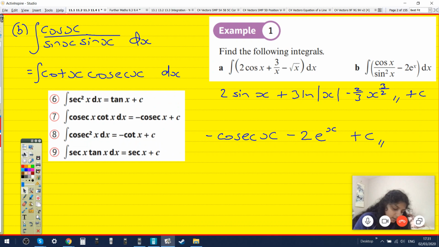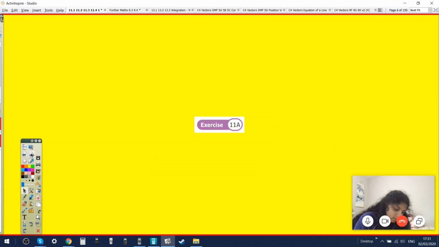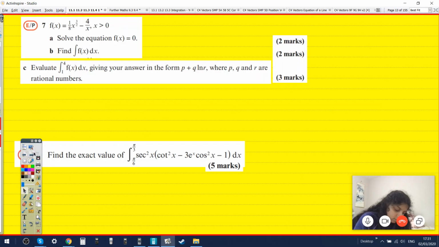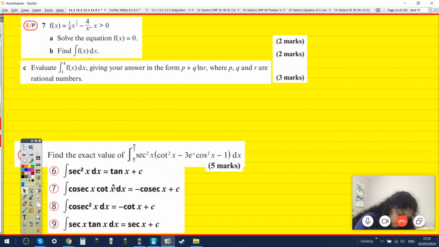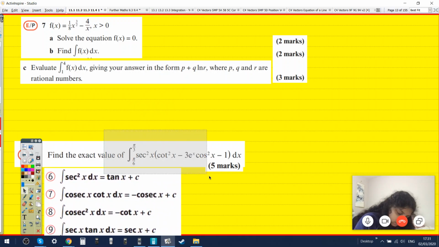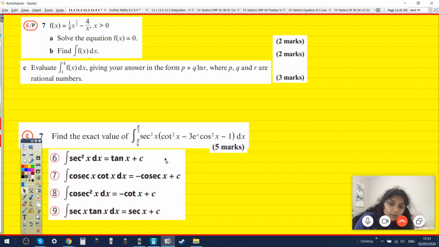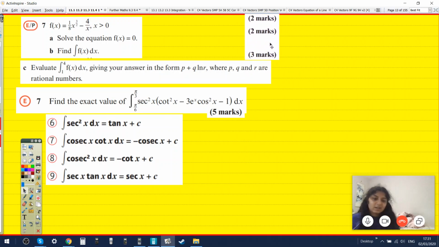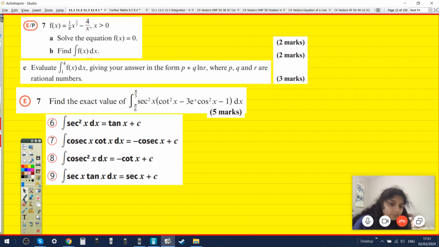Sec squared x cot squared x minus 3e to the x sec squared x cos squared x minus sec squared x. Okay, I expanded it. Was there any matchup here?